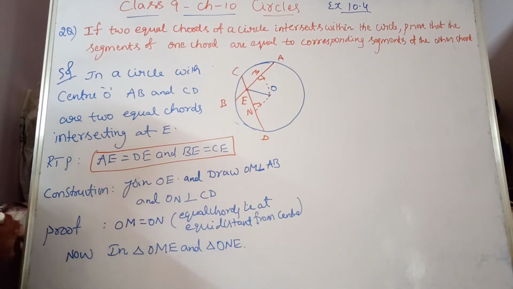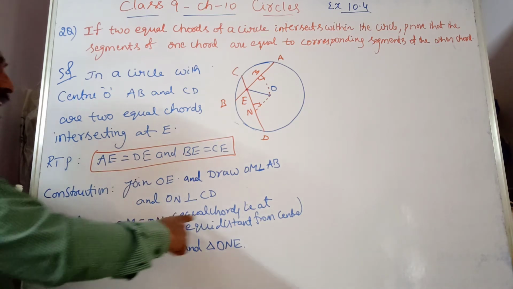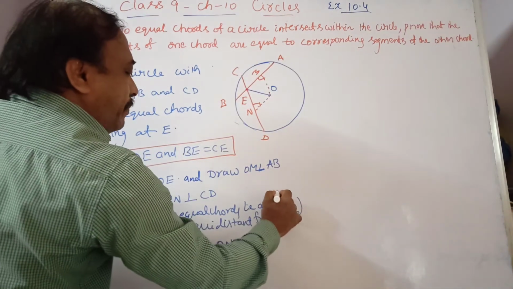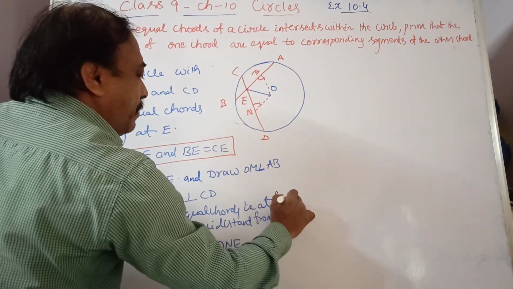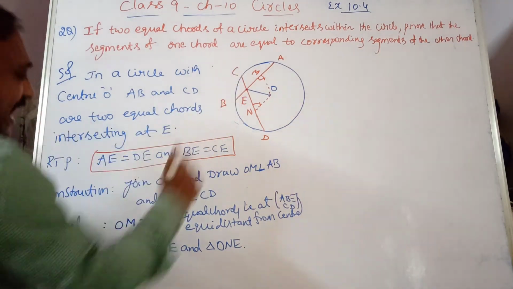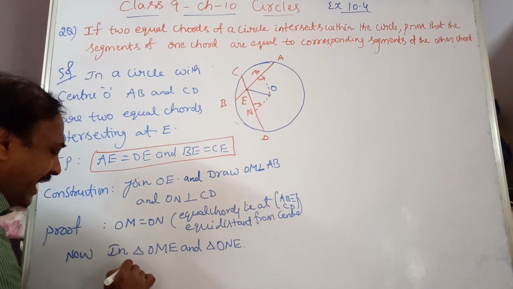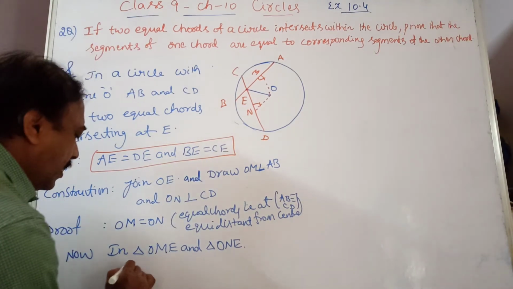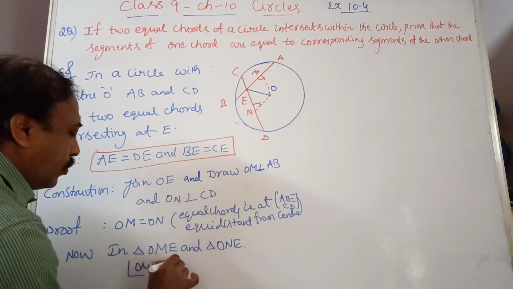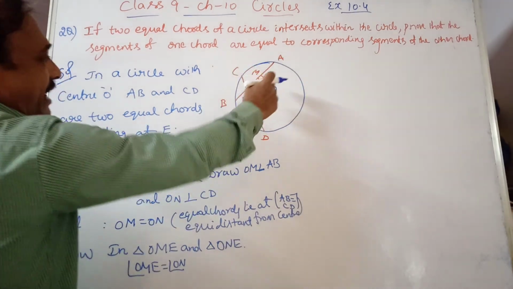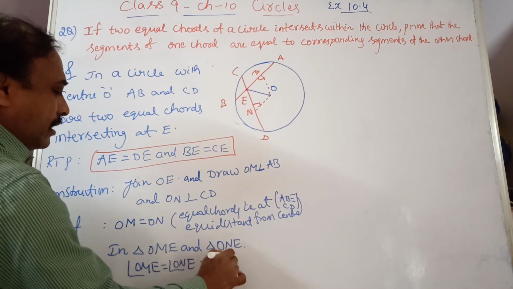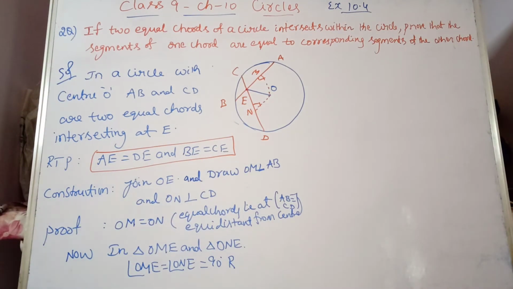Equal chords lie at equidistance. Which are the equal chords? AB and CD. AB is equal to CD. They are lying at equidistance. Okay. Now angle OME is equal to angle ONE, which is equal to 90 degrees, which is nothing but a right angle.